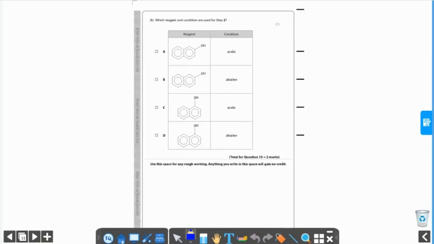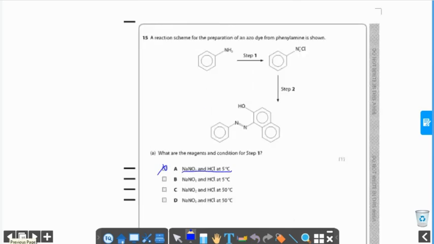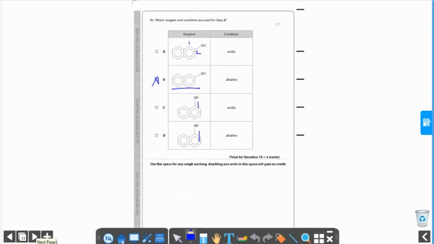Step 2, we have to react with 2-naphthol in alkaline conditions. 2-naphthol is not 1-naphthol. 2-naphthol here is this. This is 1-naphthol. You can clearly notice it is the second carbon. So it's 2-naphthol. Ortho position, ortho attack, right? And it should be in NaOH. That's why we say alkaline conditions. 2-naphthol should be in NaOH, the alkaline conditions.